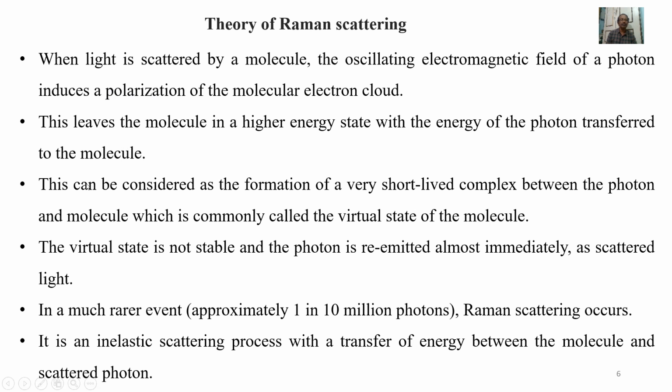This can be considered as the formation of a very short-lived complex between the photon and molecule, which is commonly called the virtual state of the molecule. The virtual state is not stable, and the photon is re-emitted almost immediately as scattered light. In a much rarer event, approximately 1 in 10 million photons, Raman scattering occurs.